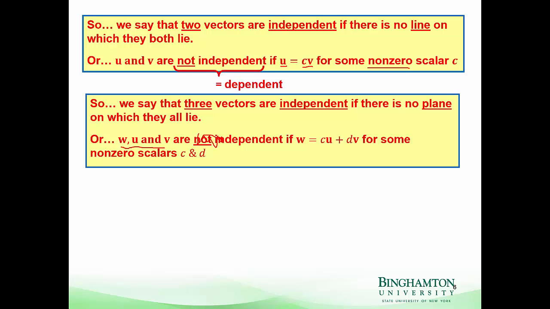We can just cross all that out and say they are dependent if I can write one of them, in this case I'll just pick w, as a linear combination of the other two, as long as c and d are non-zero. So then, if I can write it that way, then they are dependent.